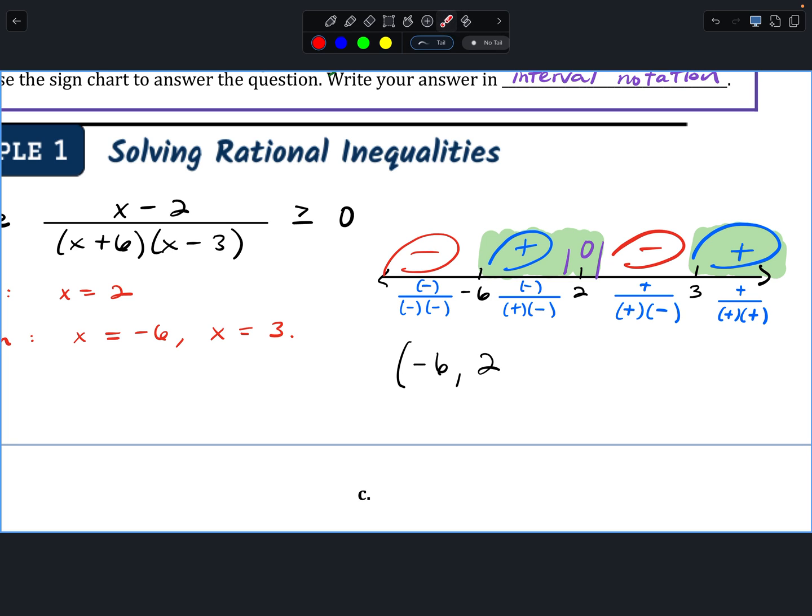Can I use a bracket for 2? Yes. Okay, and then after 2, it's negative. All the way until what number? 3. So union, parentheses, because 3 makes the bottom 0, so 3 all the way to infinity.